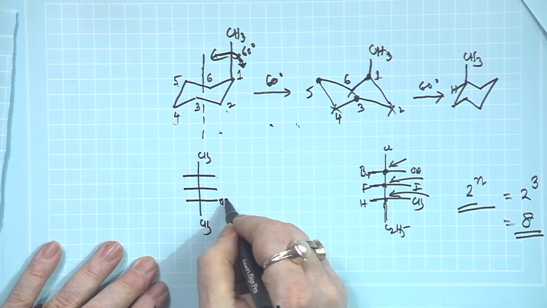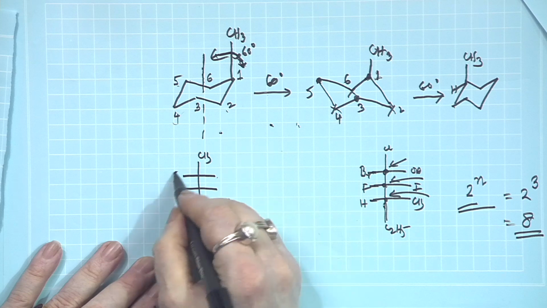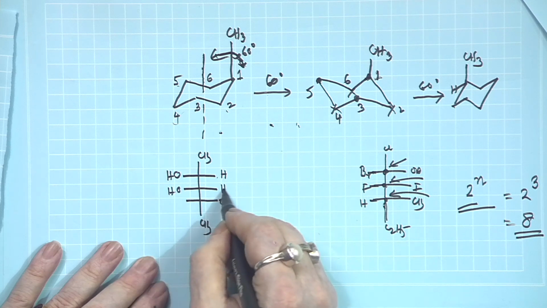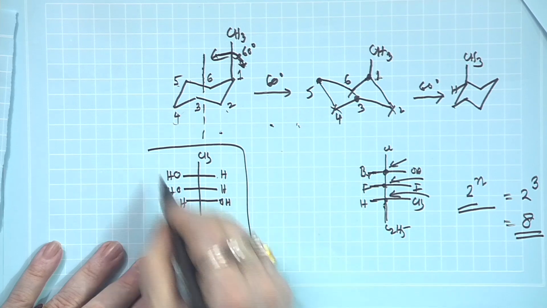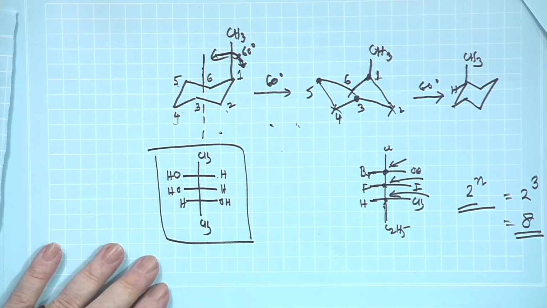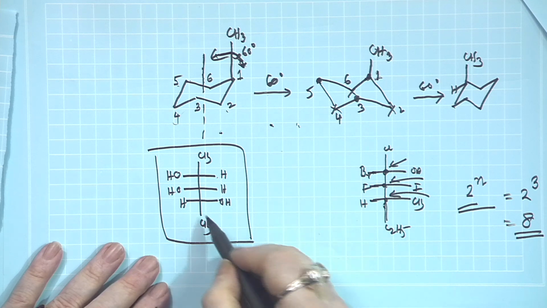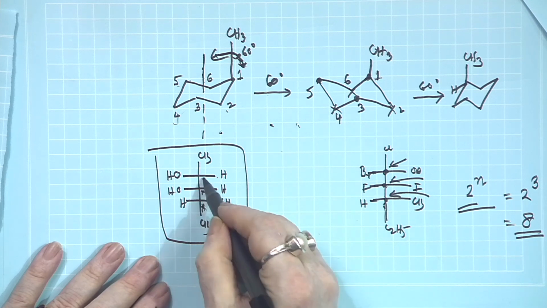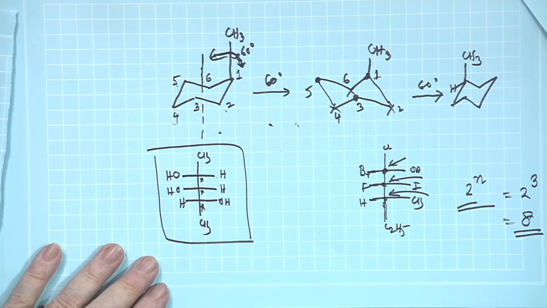I draw one form: OH here, OH there, H here, OH here, H here, H here. This is a molecule which has 3 centers again, this is a center, this is a center and that is a center.